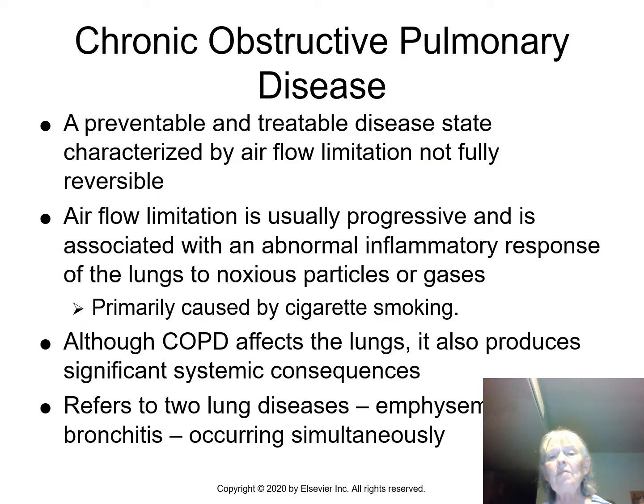So basically, if you're going to define this, the definition of this one is it's a preventable and treatable disease that unfortunately, even with medication, cannot have complete airflow reversibility happen. And so these patients will always have some airflow limitations.